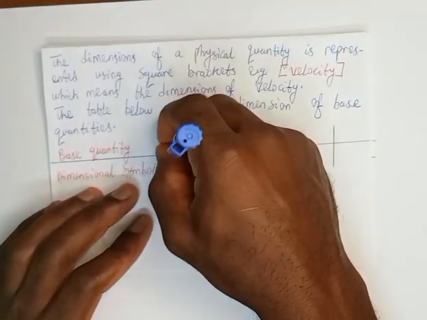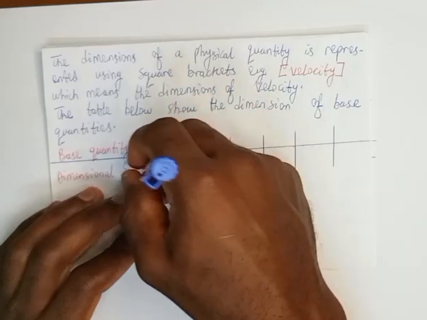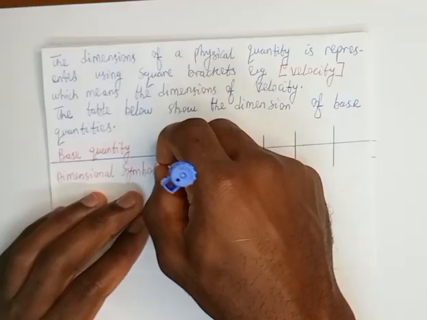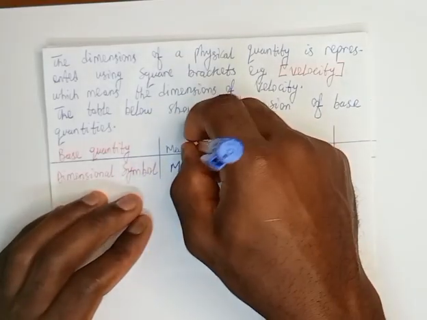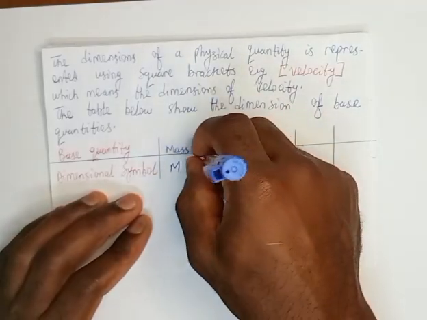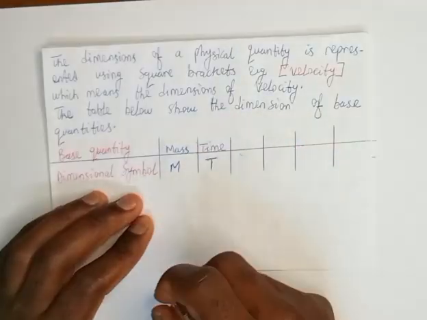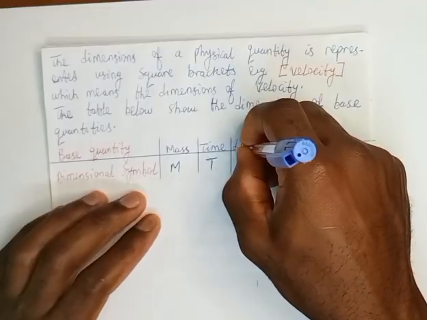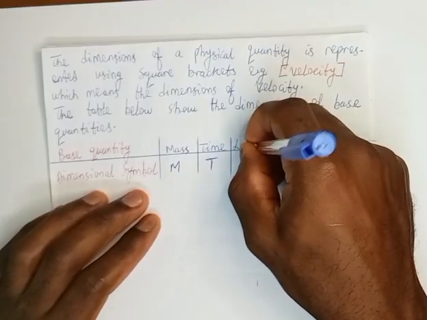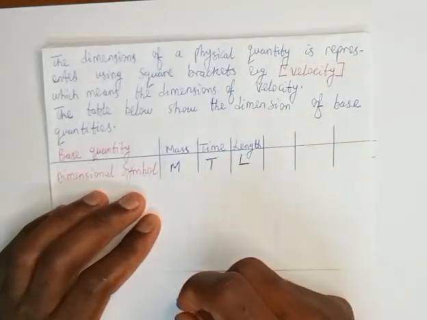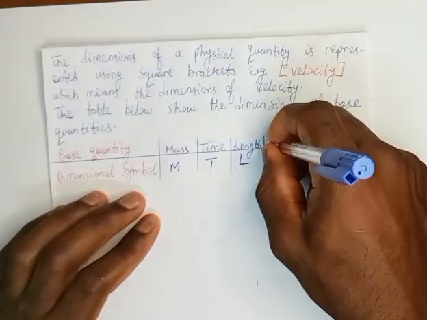The first one, we have mass. It has a dimensional symbol, uppercase M. Next we have time. It has dimensional symbol, uppercase T. Next we have length. It has dimensional symbol, uppercase L. Next we have current.